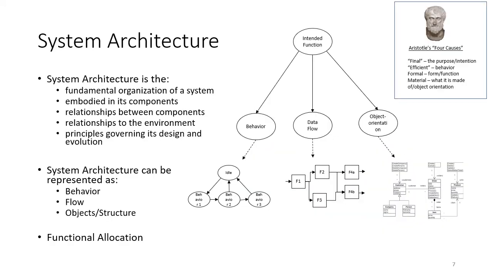Just to take a step back and provide a definition for system architecture: the system architecture is the fundamental organization of a system that is embodied in its components. It defines the relationship between the components and the relationship between the environment and the system components.